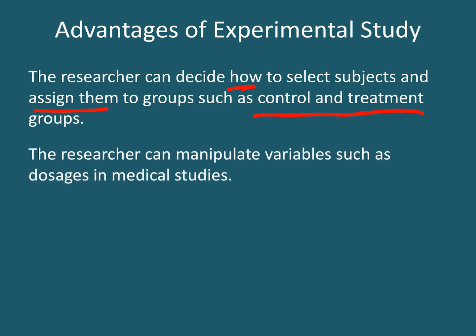Also, the researcher can manipulate variables such as dosages in medical studies in order to see how it affects other variables in the study. There are disadvantages of experimental studies, but I would choose to get to that later in the lesson, so be prepared to discuss those in a moment.